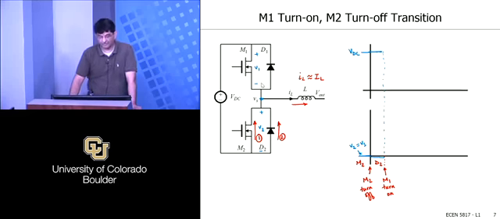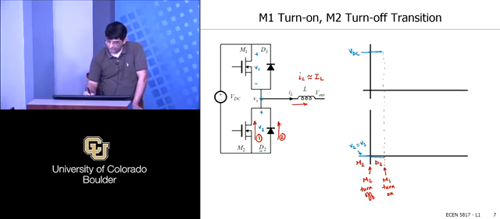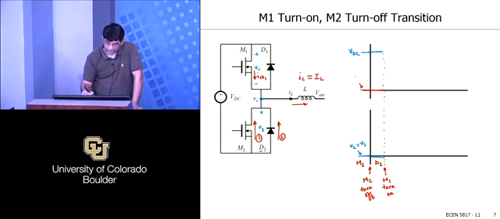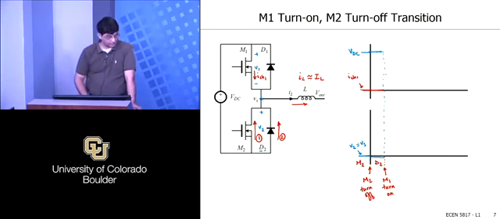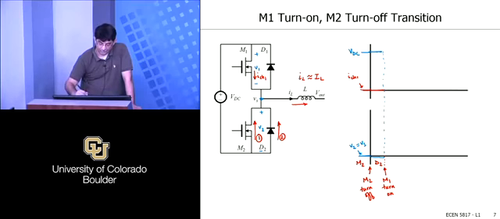It's going to increase, all right? So I'm going to see M1 current, let's call this I channel 1. That current is going to increase, right? And it'll increase at whatever rate it can go up.